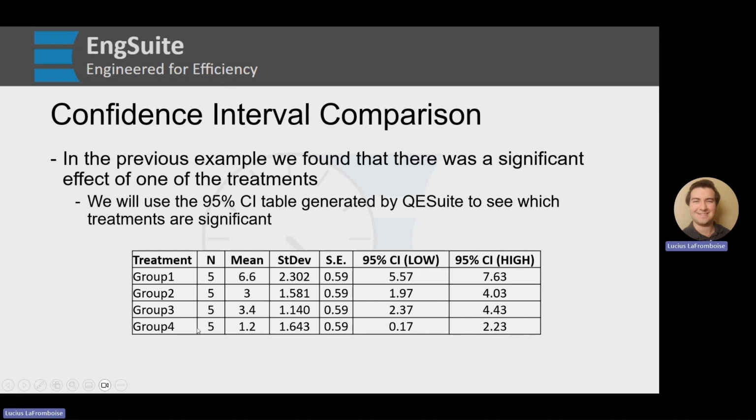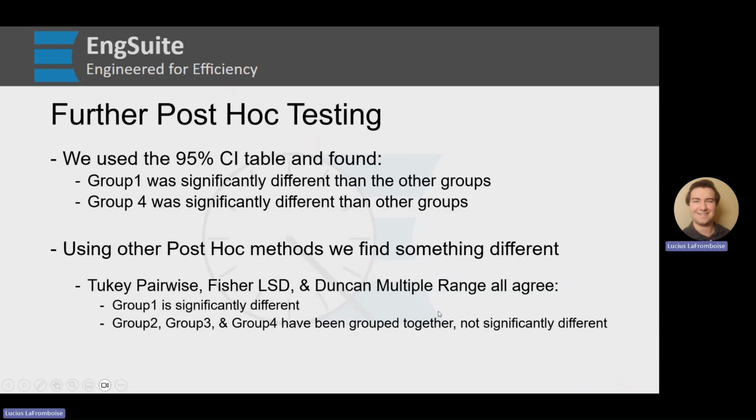Therefore, group 4 is not significantly different from group 2. However, it is from group 1 and group 3. So we used the 95% confidence interval table, and we found that group 1 was significantly different than other groups, and group 4 was significantly different from some of the other groups too, not all of them.